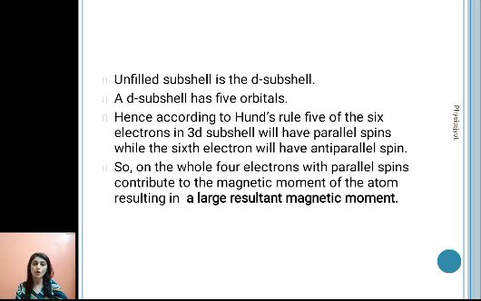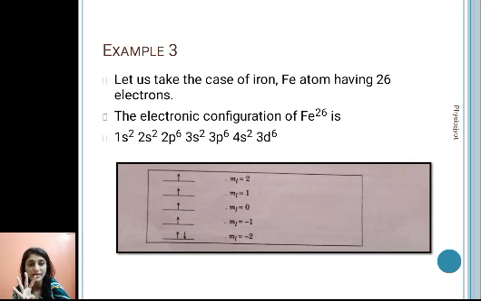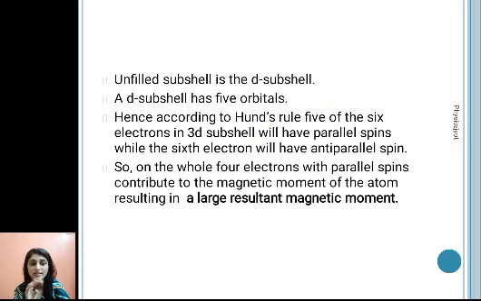So now here what do I have? I have 4 electrons with parallel spins which will contribute to the magnetic moment of the atom, resulting in a large resultant magnetic moment.